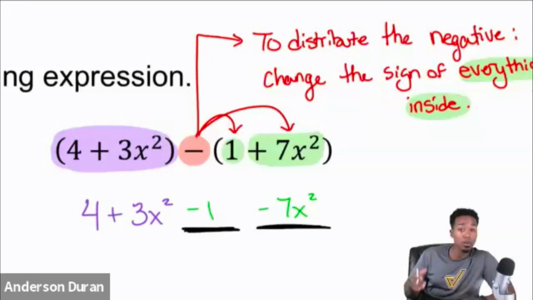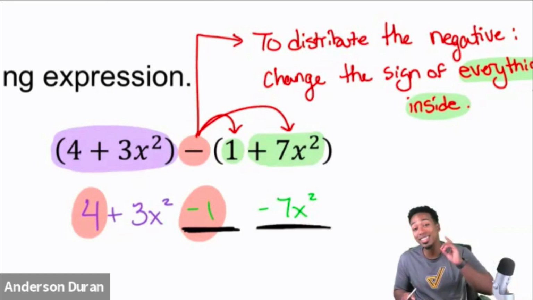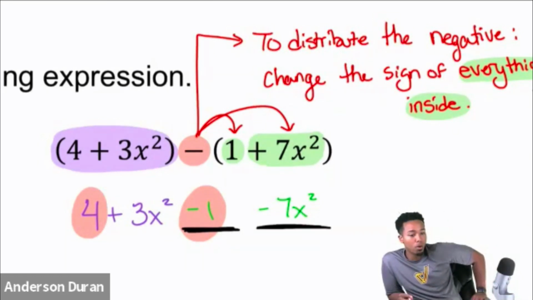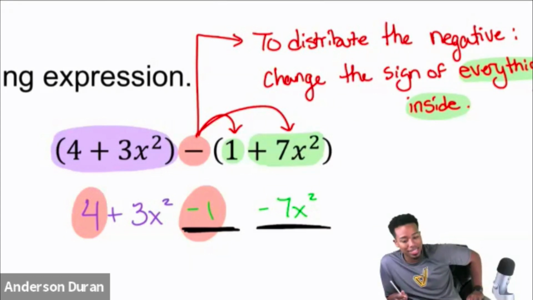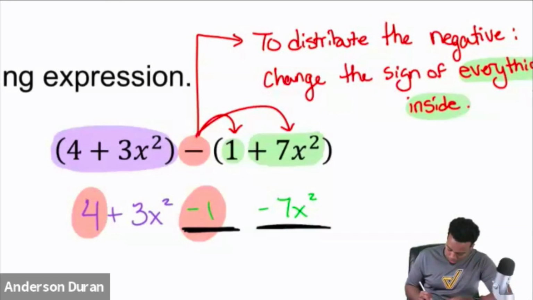Now, here we are. Let's gather our information here. Do we have like terms? Yes or no? Quick. We absolutely do. So the first set of like terms here, we have a 4 and a -1. Remember, bring the sign with you. So if I have a 4 and a -1, that combines to get what? Correct. That combines to get 3.